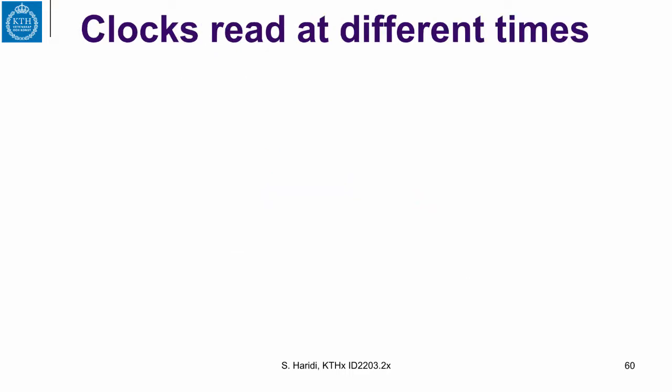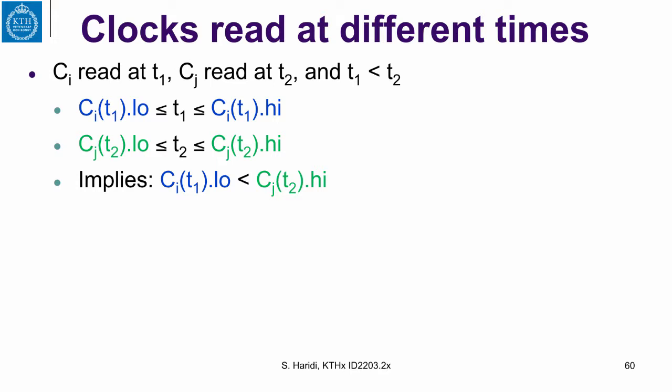So let's look at clocks read at different times and see what guarantees we can get. A clock at processor I read at time t1, and a clock at processor J read at time t2, where t1 is less than t2. We know the following: the lower bound of the first clock is less or equal t1, which is less or equal the higher bound of the interval clock.